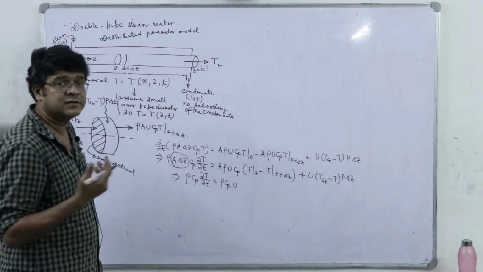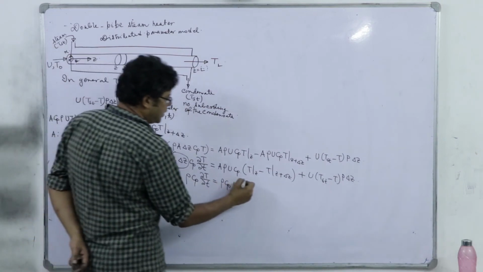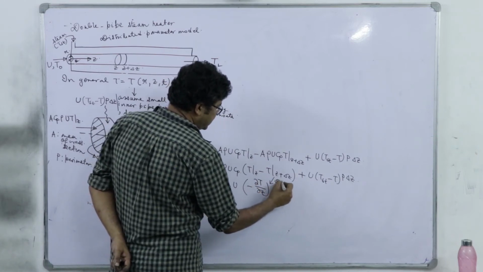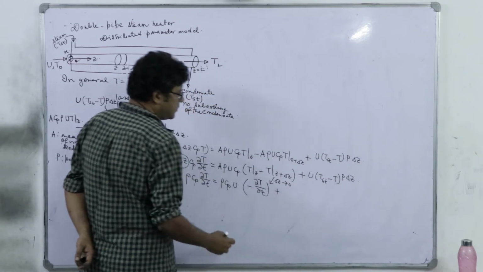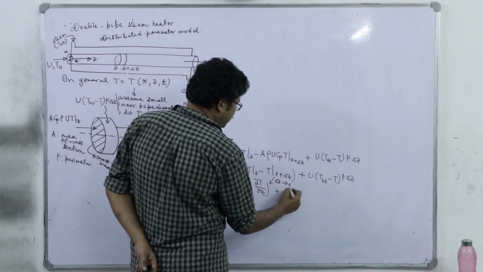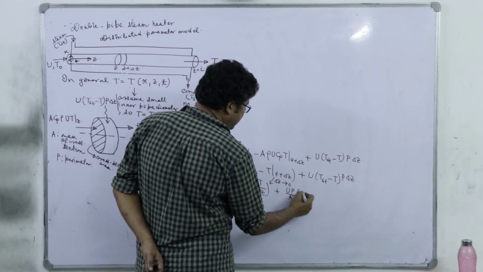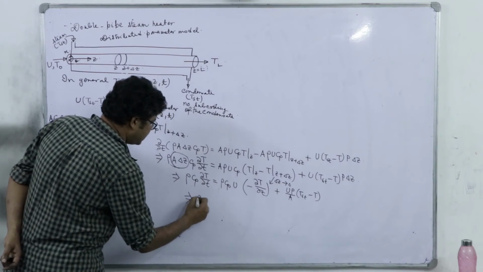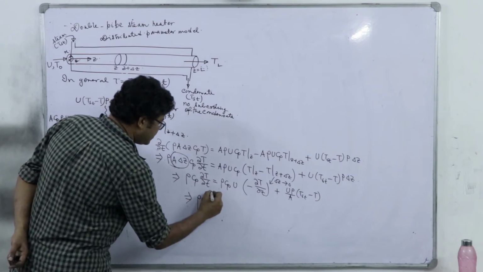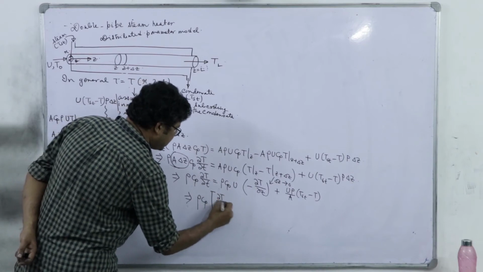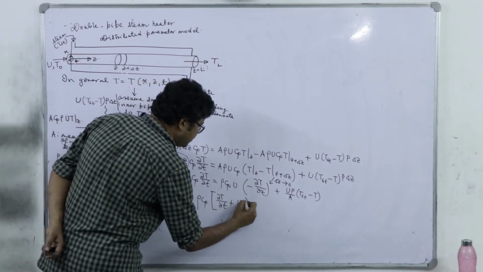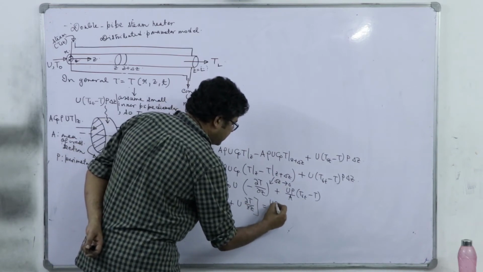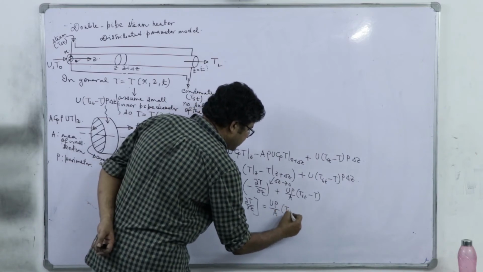We take the limiting condition that delta Z tending to 0. So, you can write this quantity as minus of del T del Z, plus U into P divided by A into T steam minus T. So, obviously, we get that rho Cp within bracket del T plus U del T del Z is equal to U into P by A into T steam minus T.